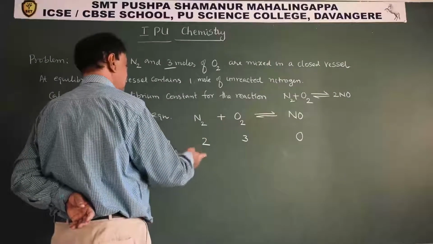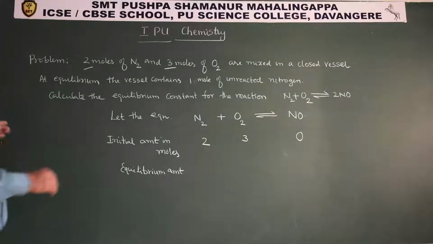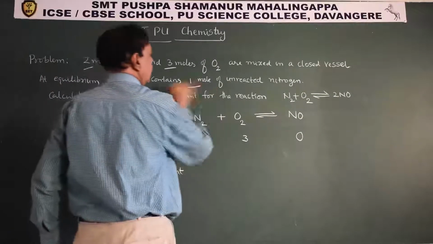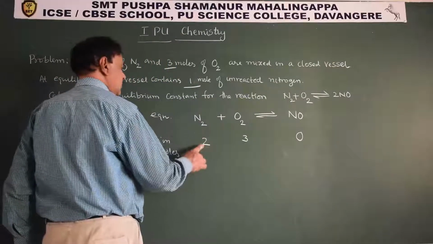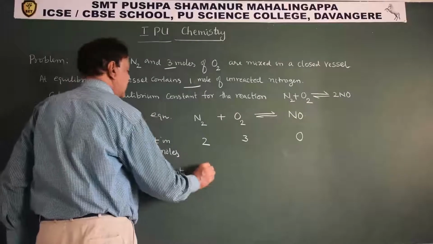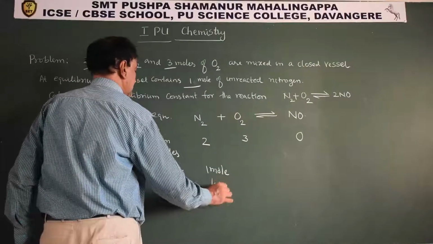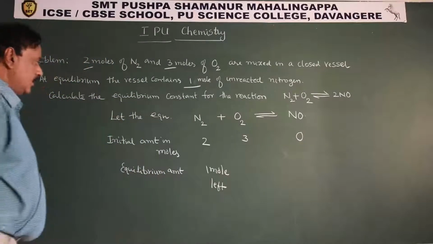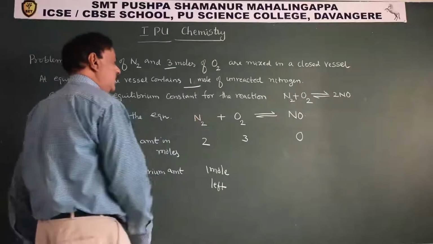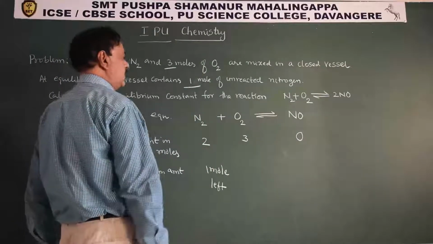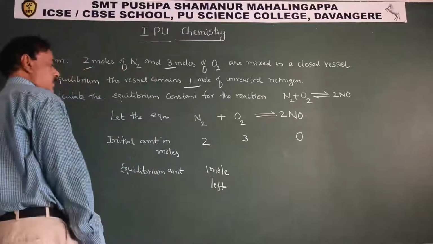Unreacted nitrogen means 1 mole used up and 1 mole left, that is 2 minus 1. According to the stoichiometry, 1 mole of nitrogen reacts with 1 mole of oxygen, giving rise to 2 moles of nitric oxide.